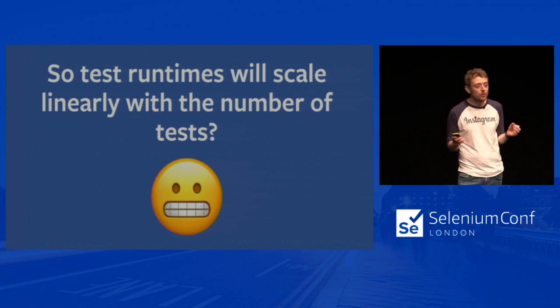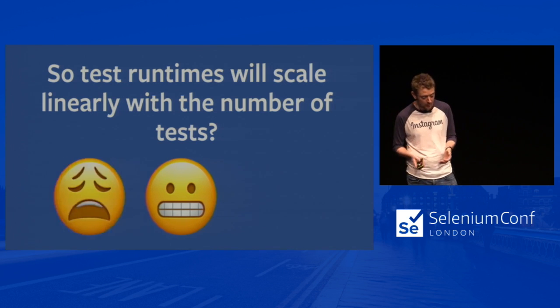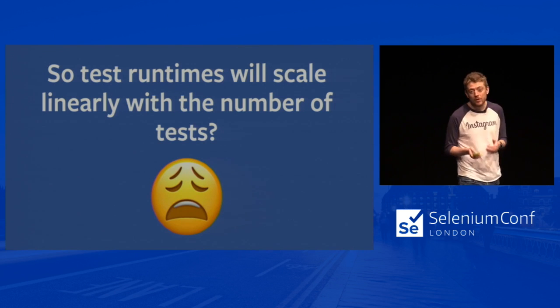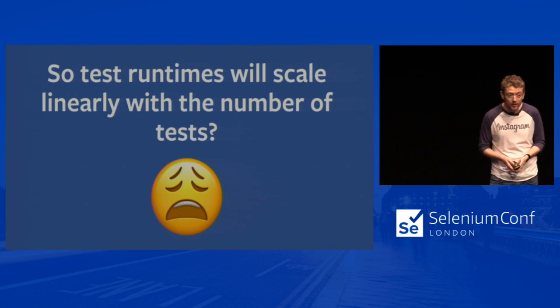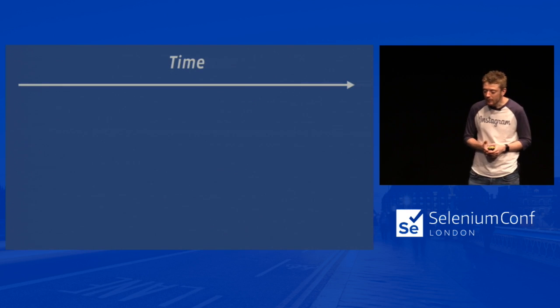And we really don't want to disincentivize writing more tests. We want to be able to cover many features of our application and so on. So we don't want to make developers unhappy by scaling linearly with the number of tests that we run. We love tests. We want to be able to scale on our own terms. It would be great if we could scale non-linearly.